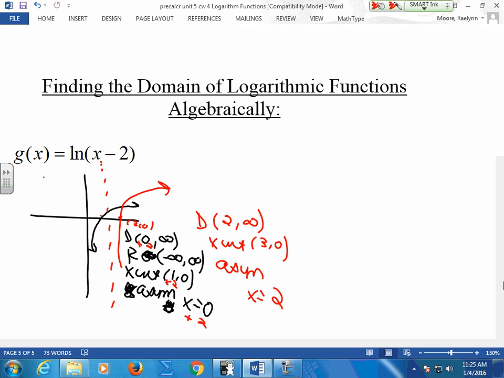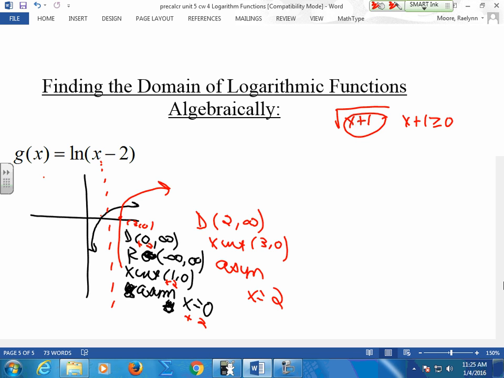Now, because we see that you can never take the log of a negative or a 0, we can use that rule and bypass this a little bit. Remember when we used to do a radical, and we would say, what's the domain? We would take this and say x plus 1 greater than or equal to 0, right?